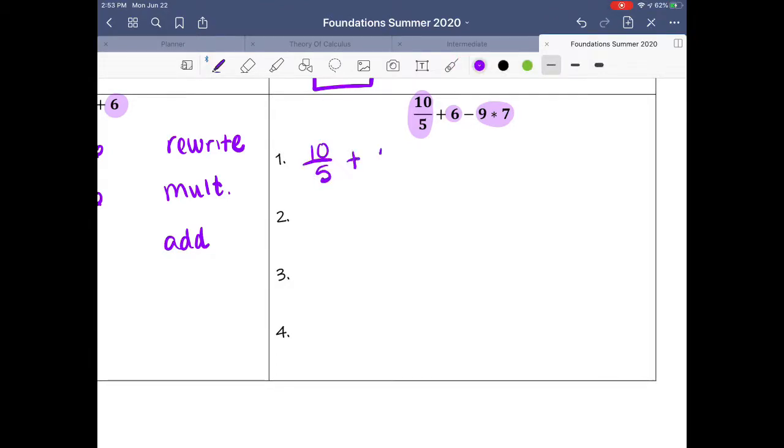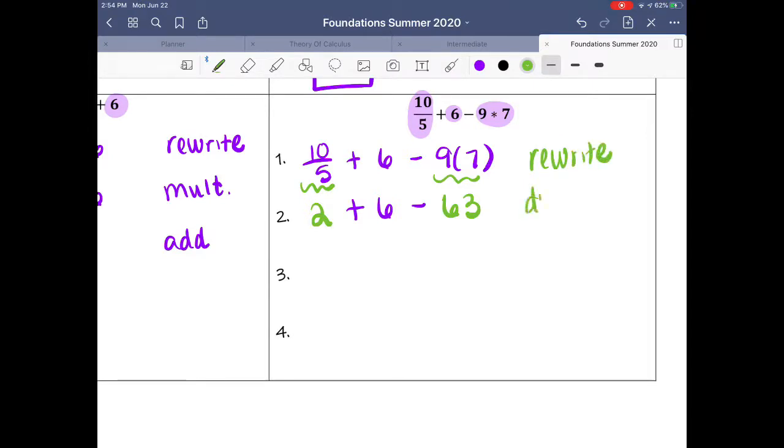So I'm going to rewrite. I really don't like this symbol, so I switched it to this. It means the same thing. Now I'm going to simplify my groups. Which means this was a rewrite.